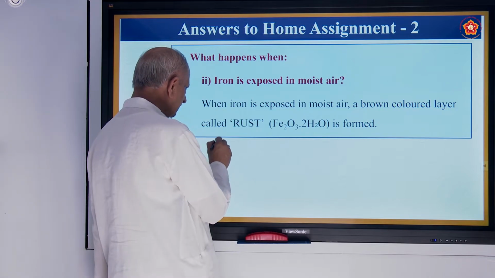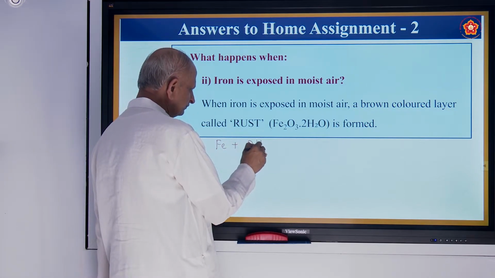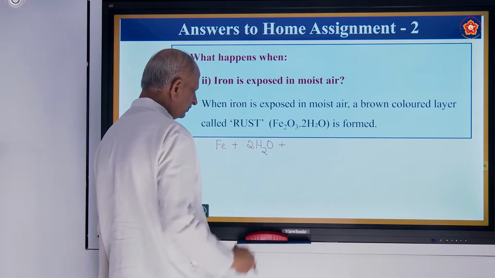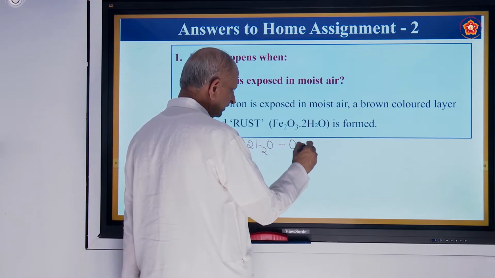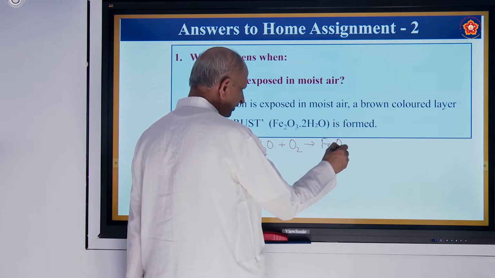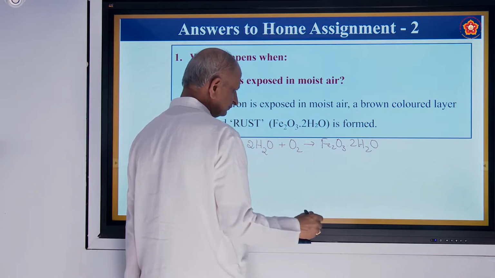So, iron plus water, okay, plus oxygen, that is, oxygen is compulsory. It forms ferric oxide, and that is what is called rust.